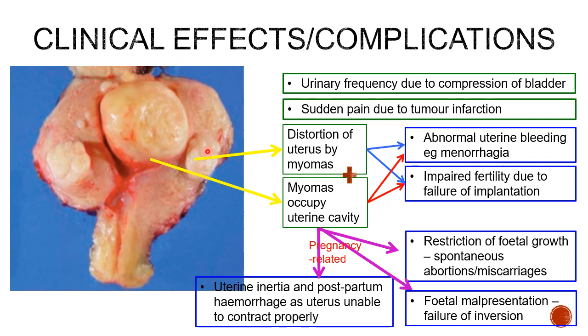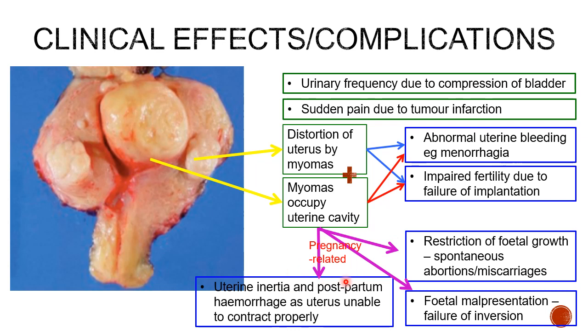As you can see shown in this image here, sometimes the leiomyoma can significantly distort the shape of the uterus, and in addition, if you have a submucosal leiomyoma, it can also occupy the uterine cavity as seen here. So this combination of distortion of the uterine shape and also occupation of the uterine cavity can produce abnormal uterine bleeding such as menorrhagia, or patients can also present with impaired fertility due to failure of implantation.